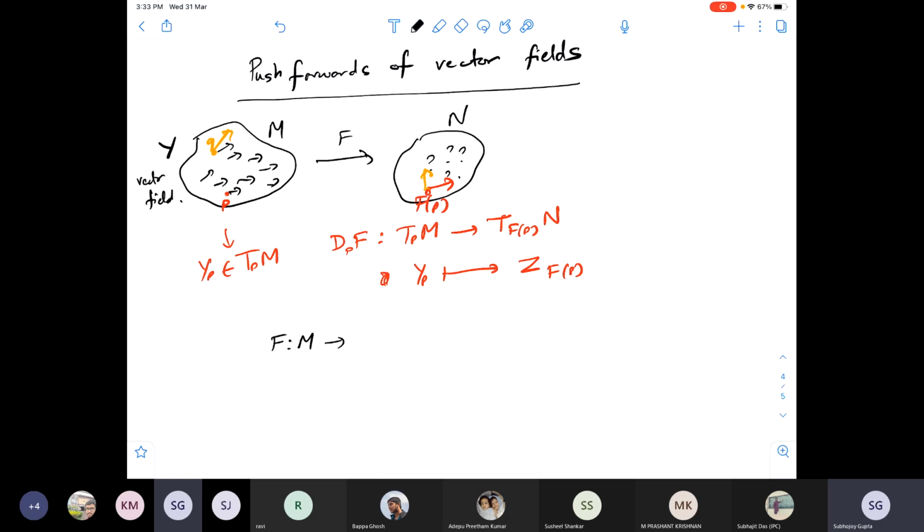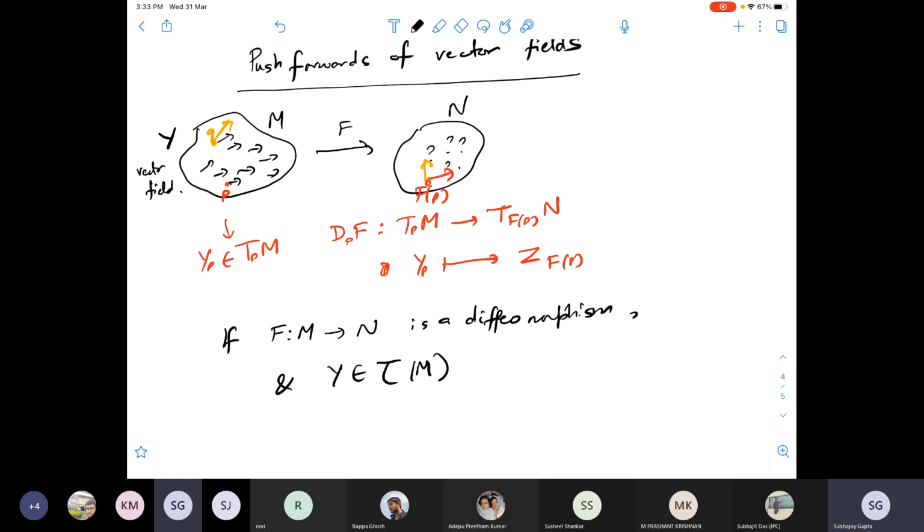So if F from M to N is a diffeomorphism, and Y is a vector field on M, I already introduced the notation tau of M, the set of all smooth vector fields.